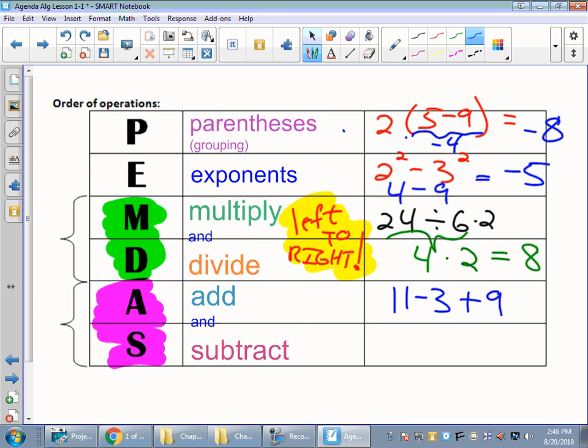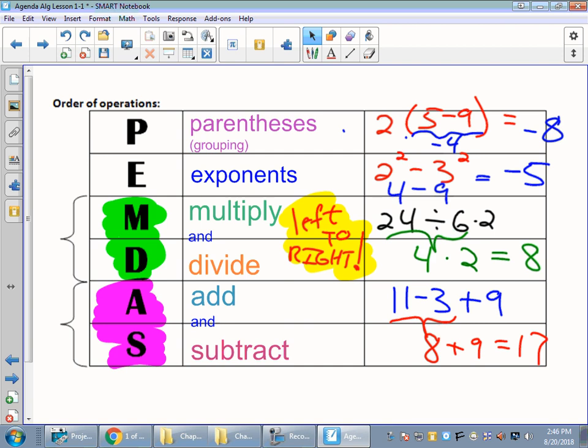We have both addition and subtraction here, so we work left to right. 11 minus 3 happens to be 8, and then we add that 9 to it, so 8 plus 9 equals 17. Going left to right is important here, because if you didn't, you'd have a different answer than 17. So we do 11 minus 3 first to give us 8, and then add 9 to get 17.